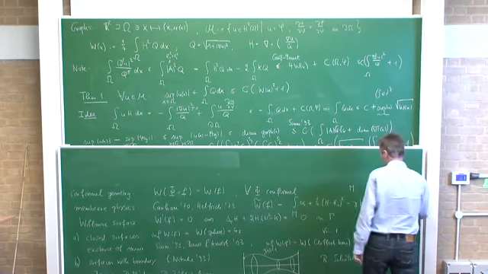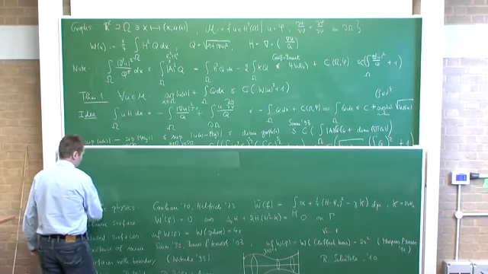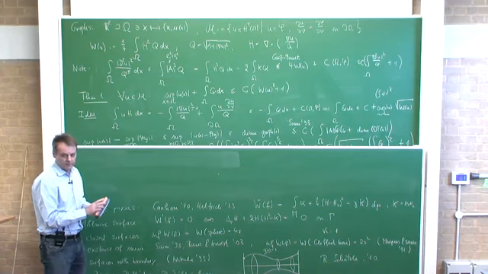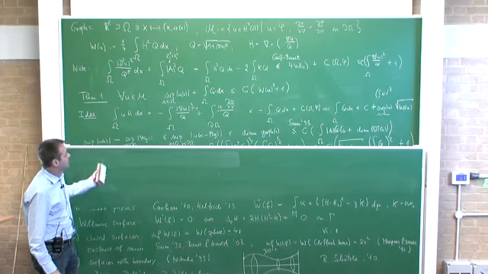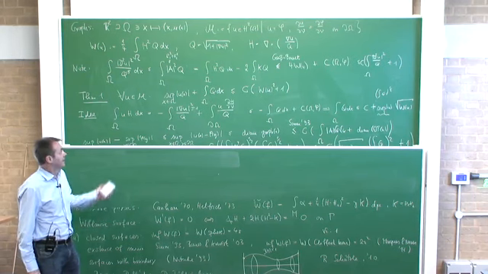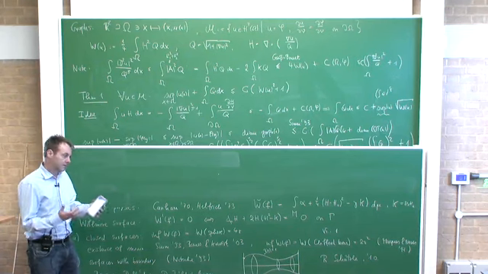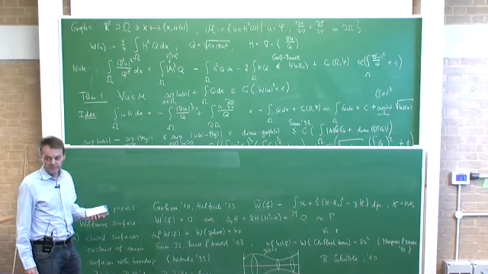If you now go back to the question of minimization, and you think in terms of a minimizing sequence, what you now control is an L infinity norm, and an L1 norm of the gradient. So essentially you have a uniform control in BV.